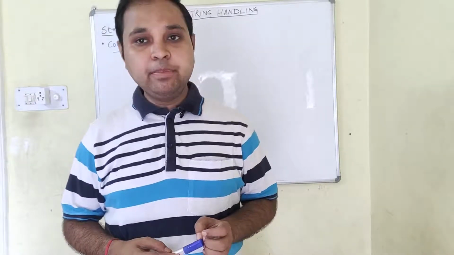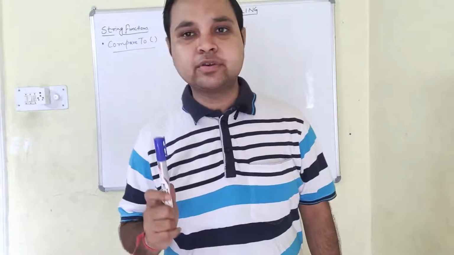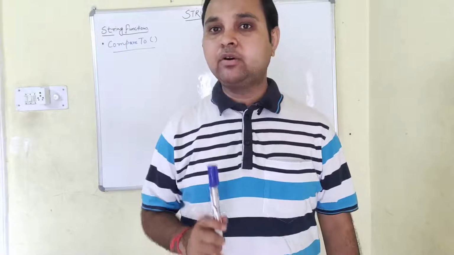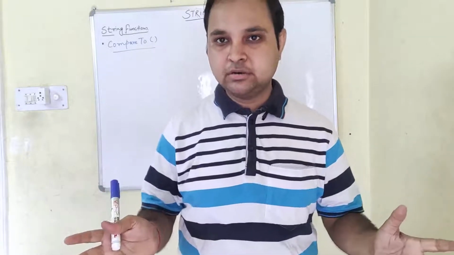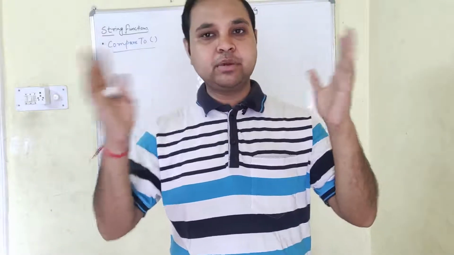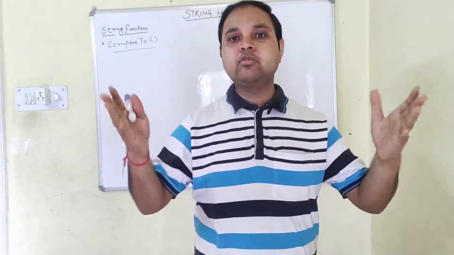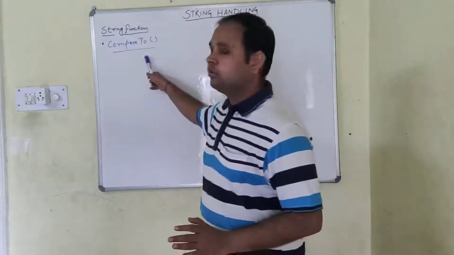The compareTo function tells us which string is bigger and which is smaller, and it also tells the equality, so it works in all situations. It will tell which string is bigger, which is smaller, or whether they are both equal or not. In those situations we use the compareTo function.